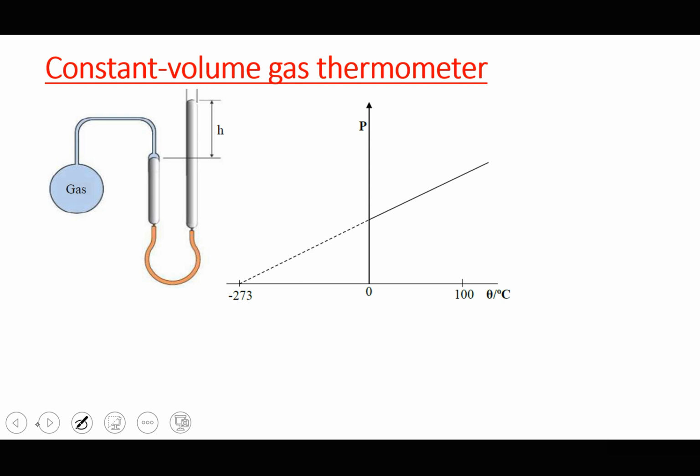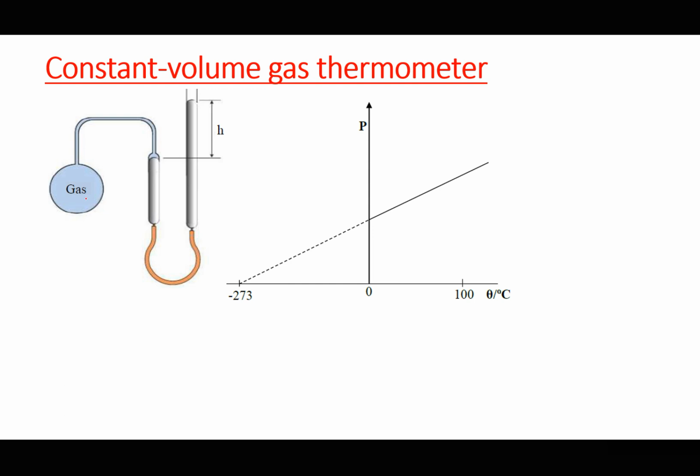Note that it is an experimental thermometer. It's just practical. You can't use the constant volume gas thermometer to measure your body temperature, of course. But it comes as a setup.